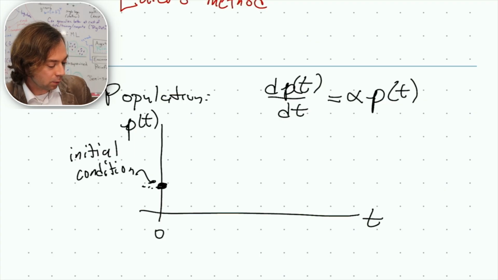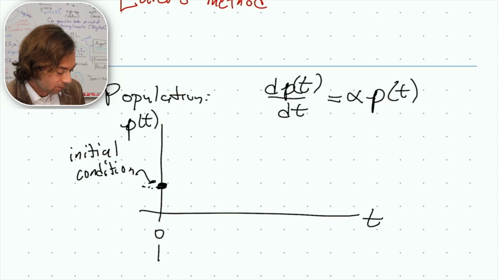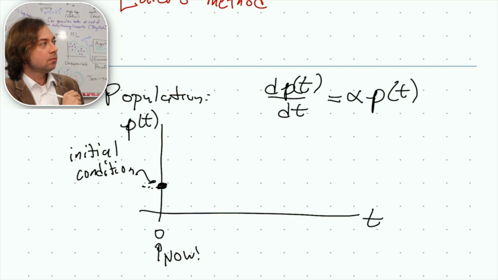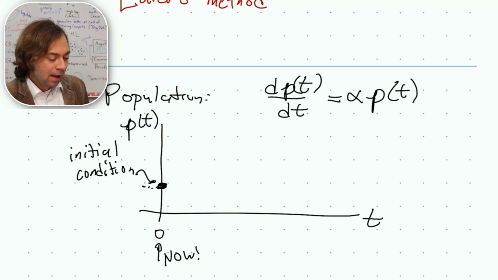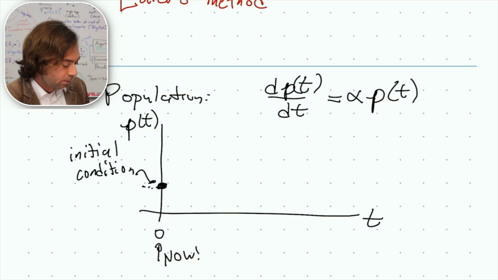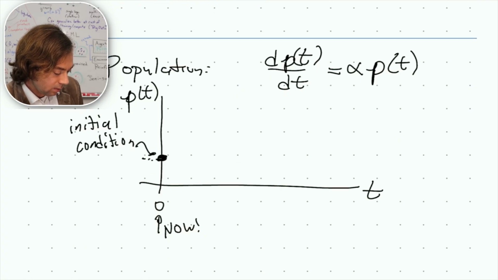So we are currently at this time here, right? This is now. Welcome to now. All right. And now we're going to use Euler's method.